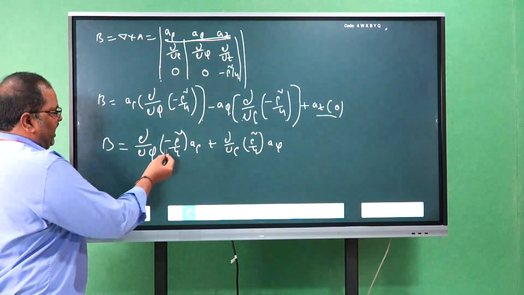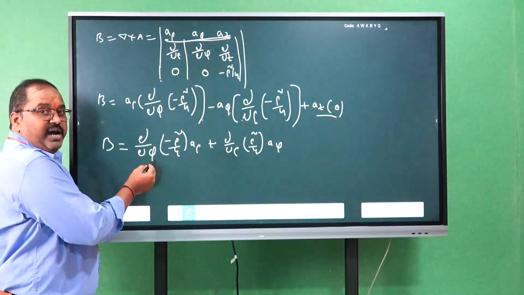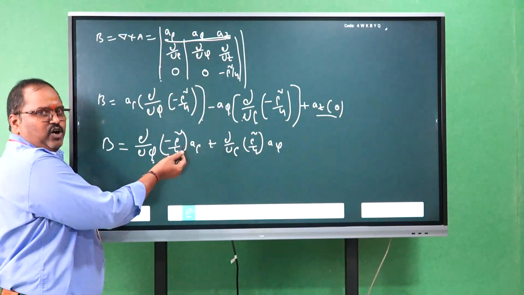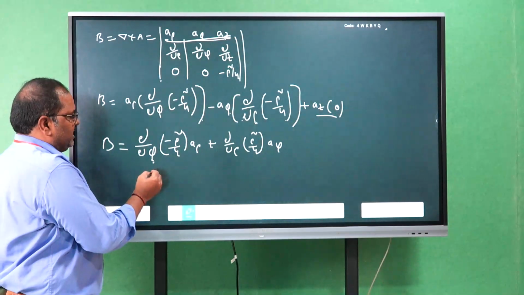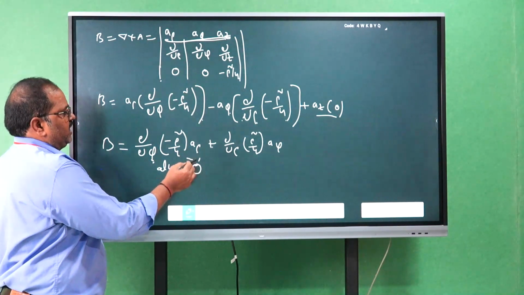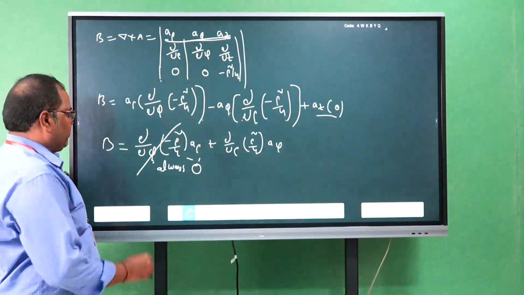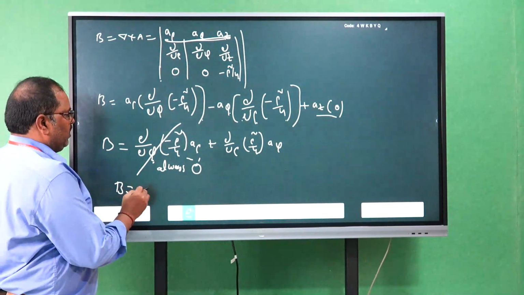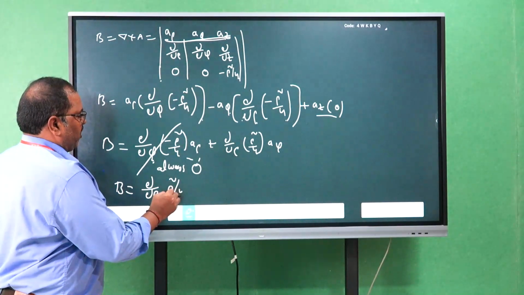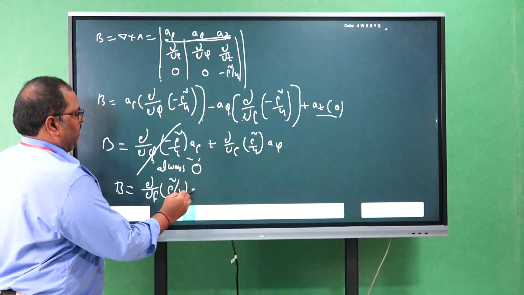But in the first one, you have to differentiate with respect to phi. This is a rho component, and with respect to phi there is no phi component, so this component is always 0. That first term is 0. The B is equal to only dou by dou rho of rho square by 4 A phi.